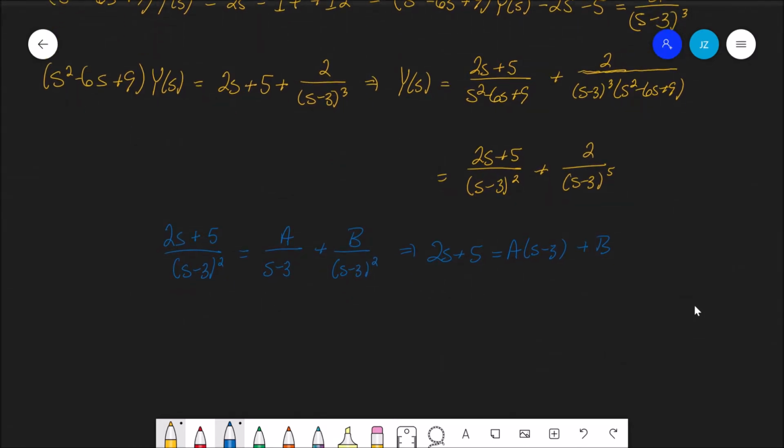Solving this yields b is equal to 11, and so a must be equal to 2. So we now have y of s is equal to 2 over s minus 3 plus 11 over s minus 3 squared plus 2 over s minus 3 to the 5th power.